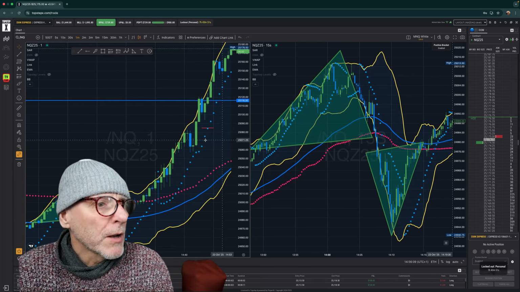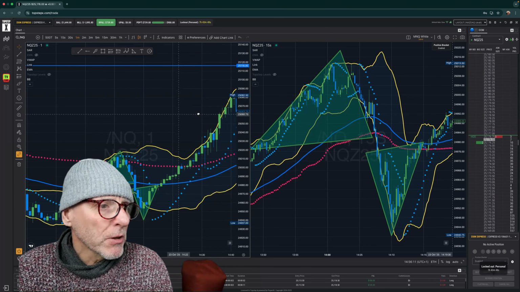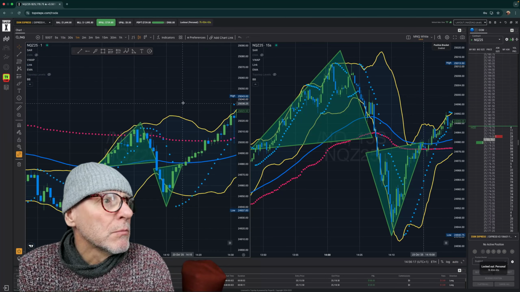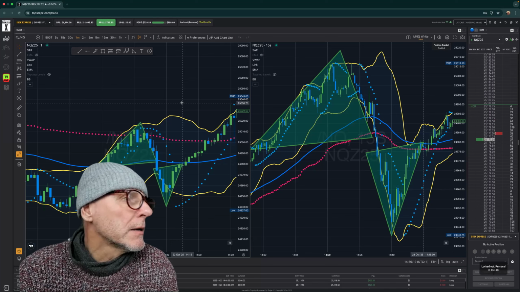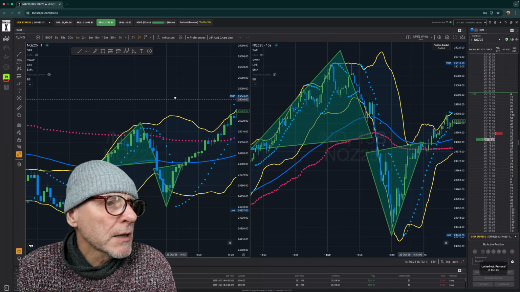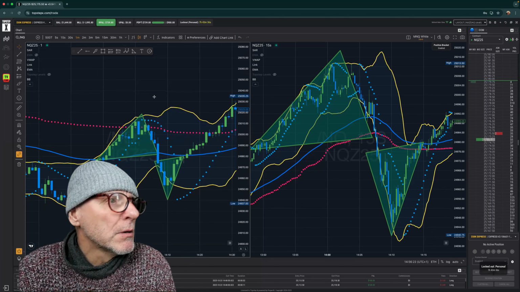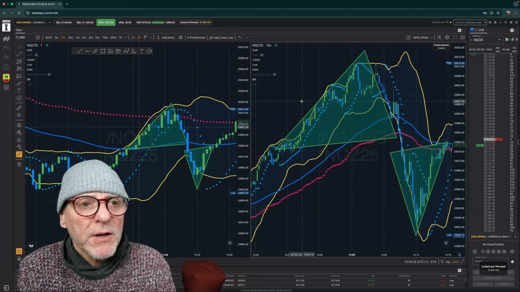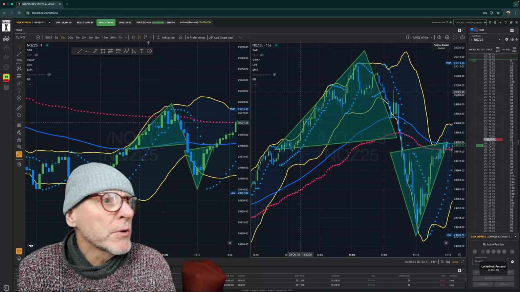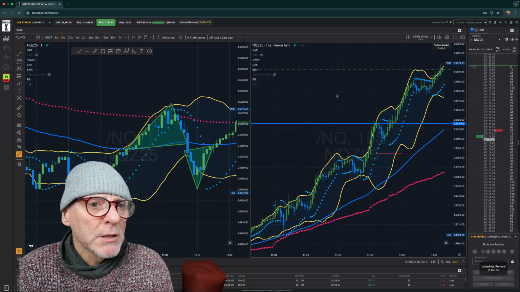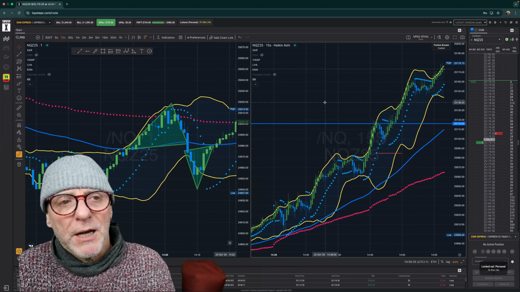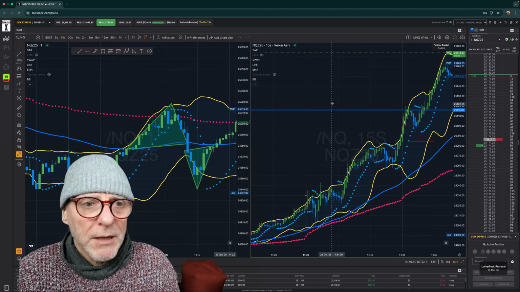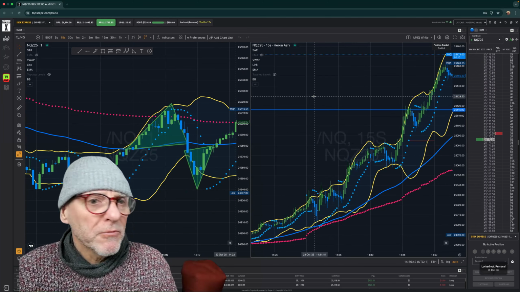So if we look at the 1 minute, just before the market opened, we trade in the NASDAQ, the NQ. We're on the 1 minute chart and on the 15. And on the 15 we use the Heikin Ashi just to smooth price action out a little bit, so we're not getting drawn into opposite coloured candles giving us false signals.